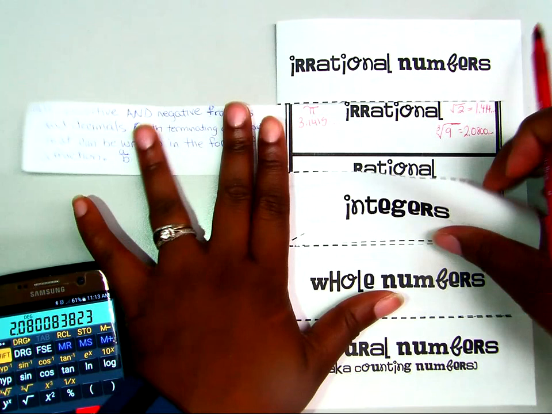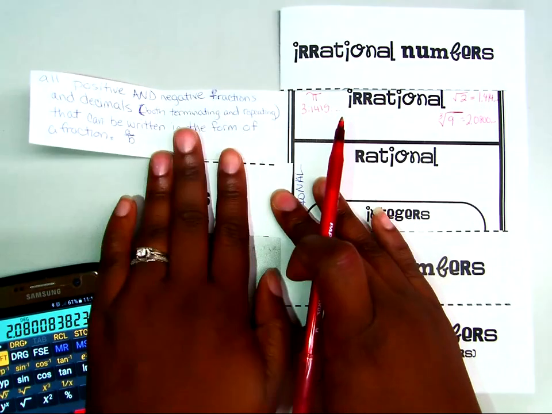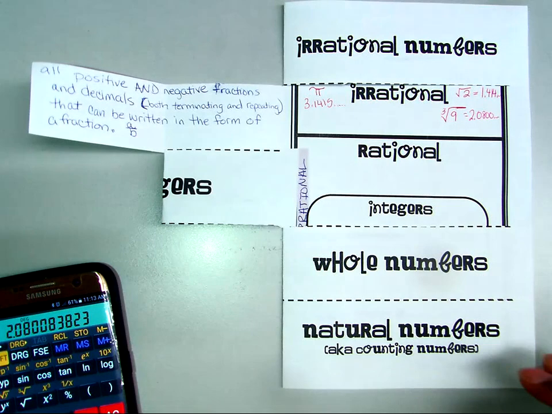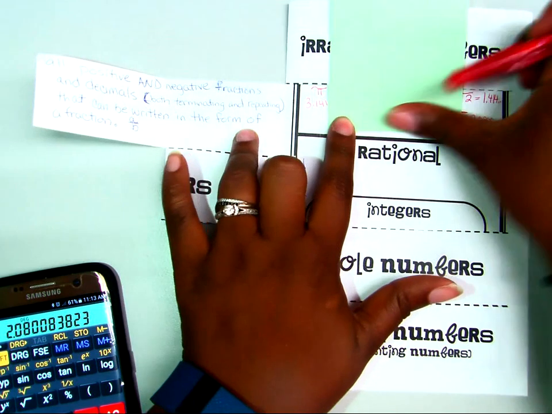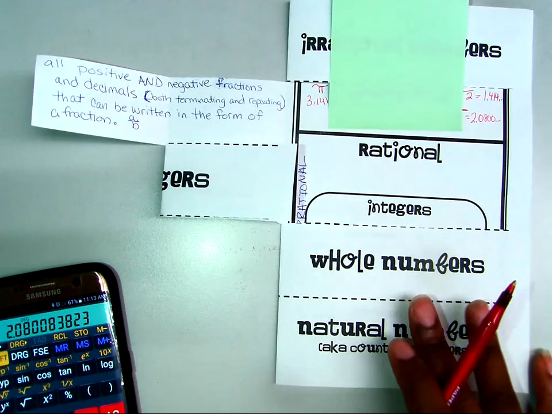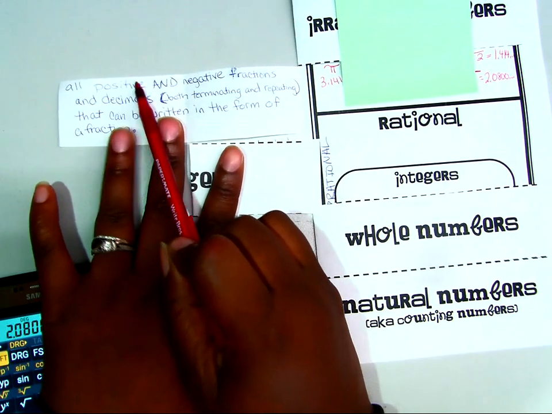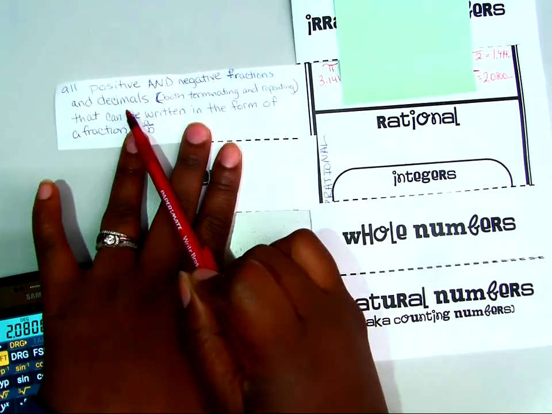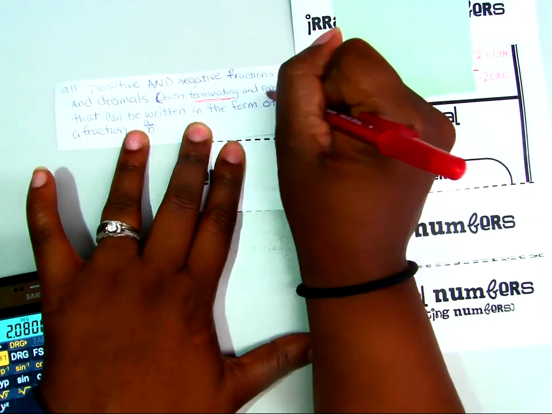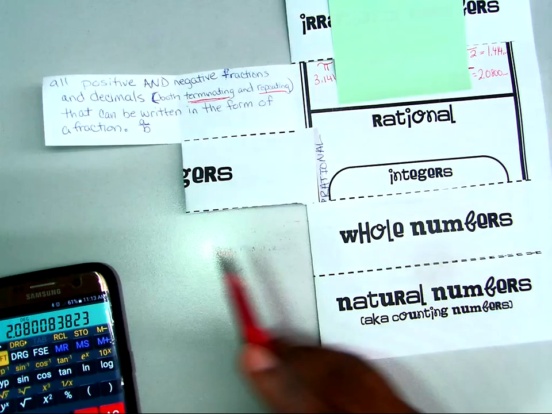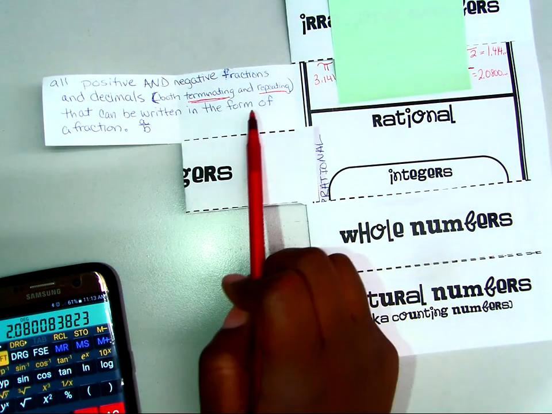Let's talk about rational numbers. And I'm just going to hide this. Okay, let's talk about rational numbers. Rational numbers are all positive and negative fractions and decimals, both terminating and repeating, that can be written in the form of a fraction, a over b.